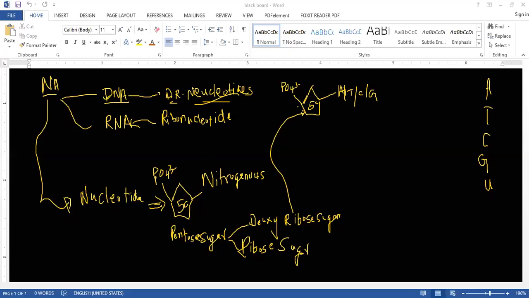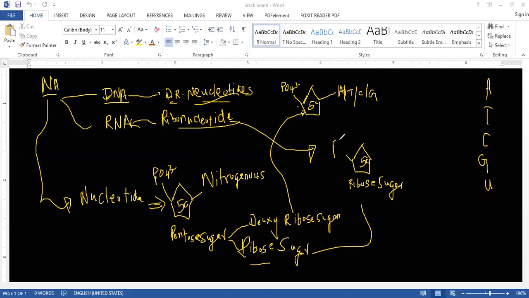At the same time, if I draw here a ribonucleotide, this would have a 5-carbon sugar. This is a pentose sugar. What type of pentose sugar? Ribose sugar. And also this is the phosphate group, and this is the nitrogenous base.